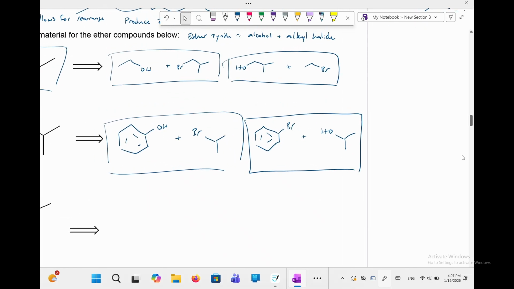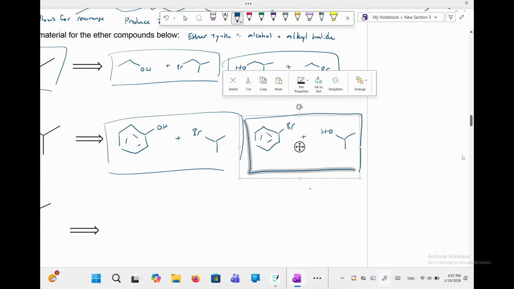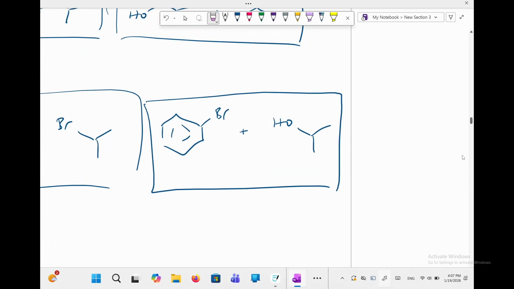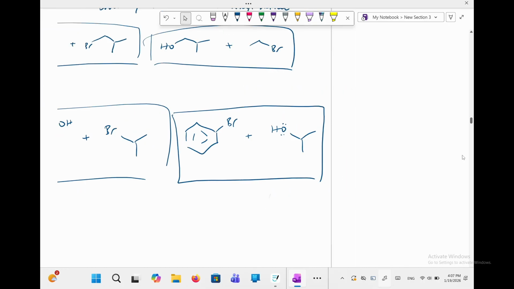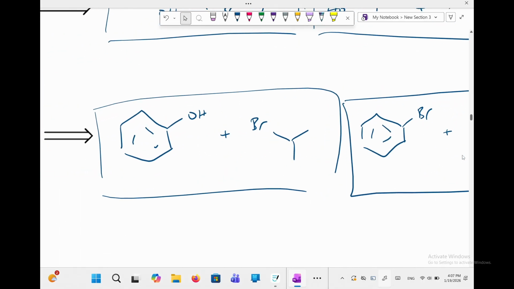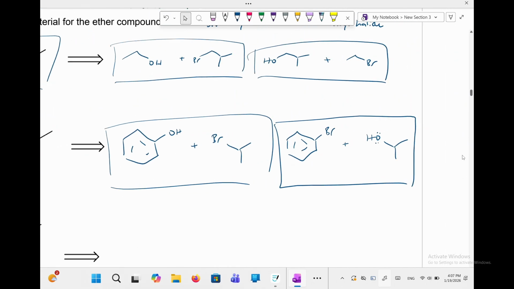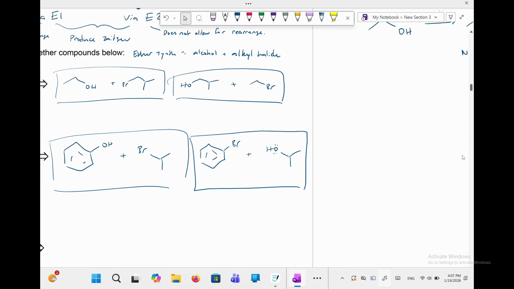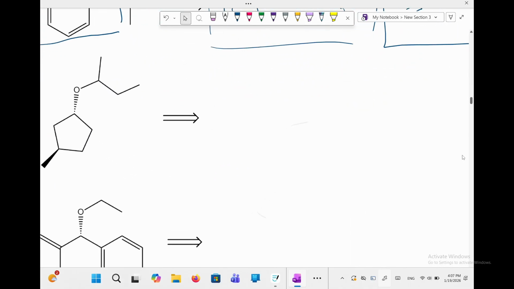Now, the one that's going to be better to use is the left one, because on the right here, you can't exactly do SN2 with sp2 carbons. And even though on the right there are beta hydrogens, this can still do SN2 at a much more reliable rate than this set. Okay, so experiment with that.